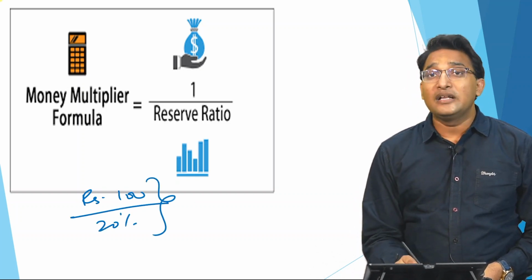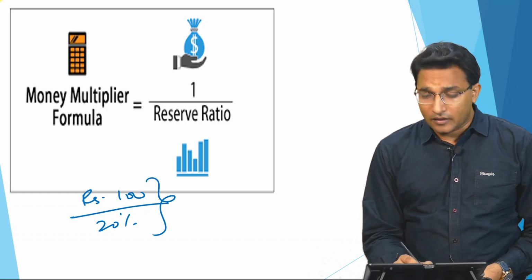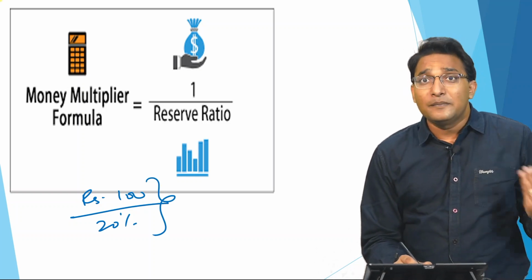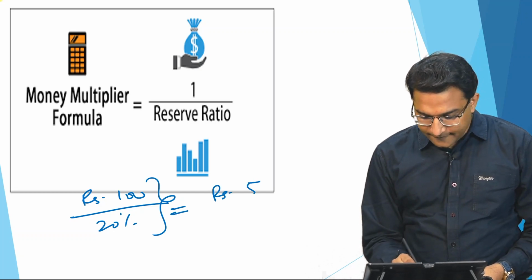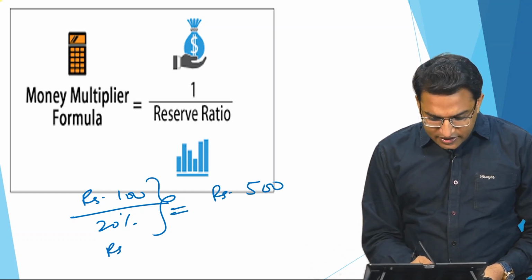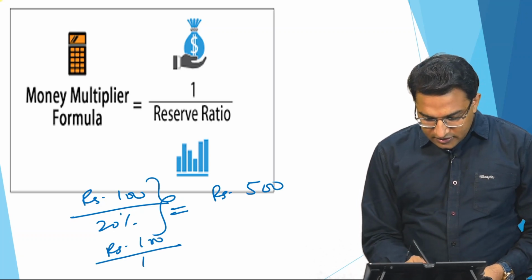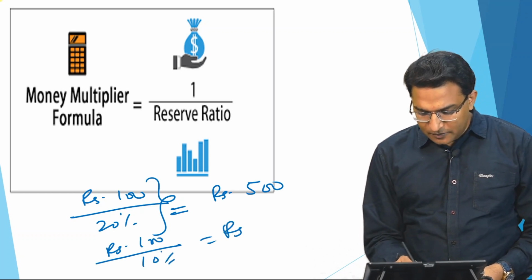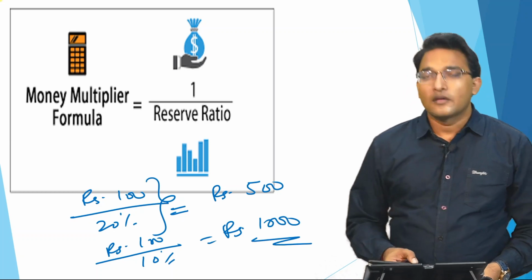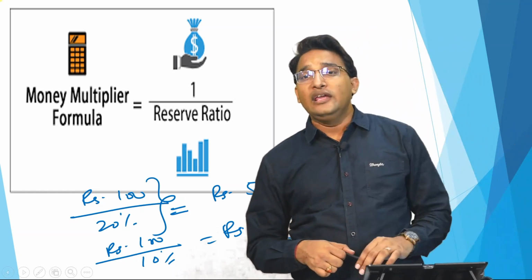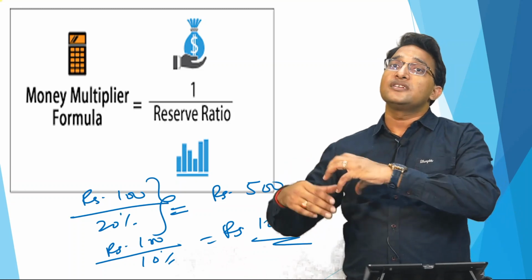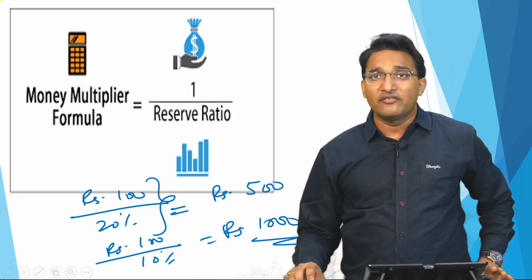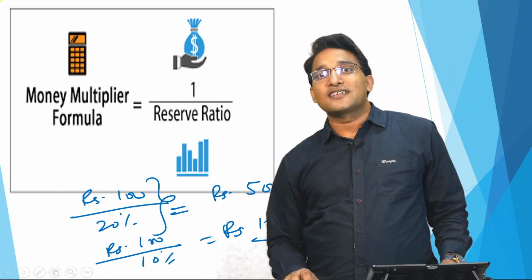How much money can be available after the money multiplication process? The money availability can be rupees 500. If the reserve ratio is less, suppose 10%, then the money multiplier gives 1000 rupees. You can see, with the decrease in the reserve, the money multiplication is increasing and the availability of liquidity is increasing.